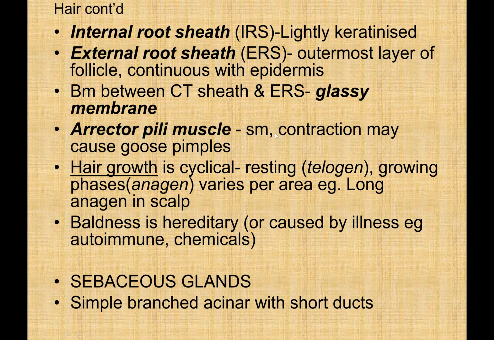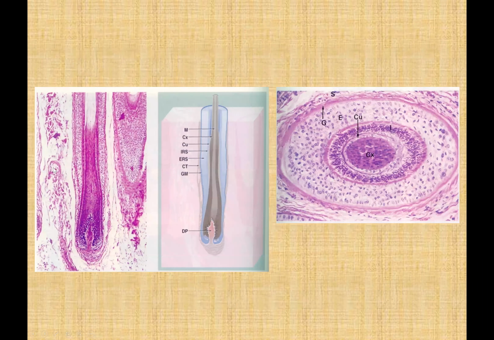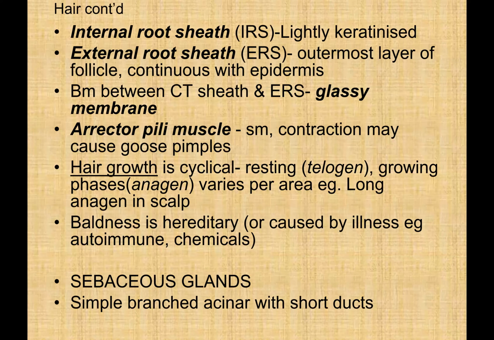The hair is also connected to the arrector pili muscles. In a bigger section, we'll see the hair together with its sebaceous gland and the shaft. These arrector pili muscles will cause the hair to stand up depending on the temperature.